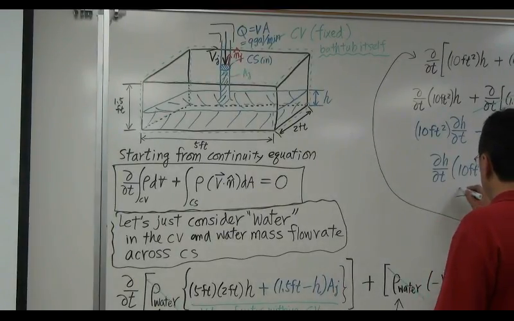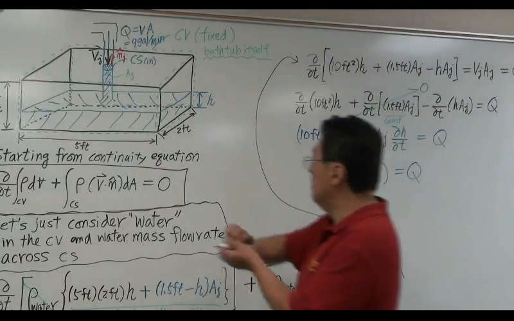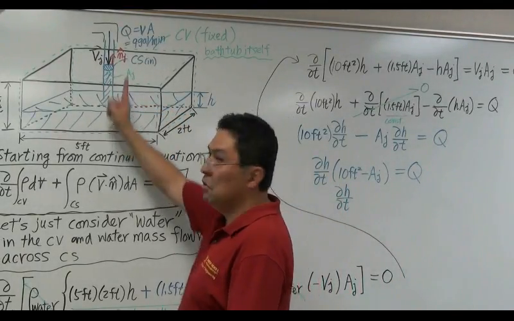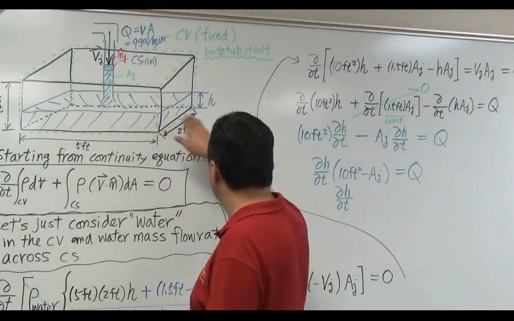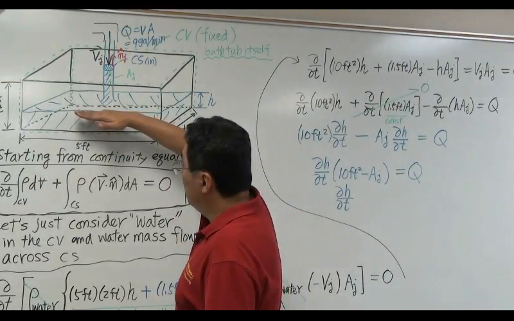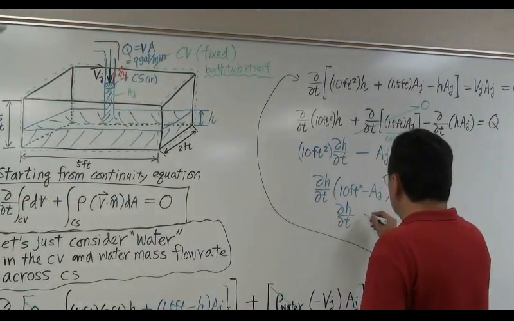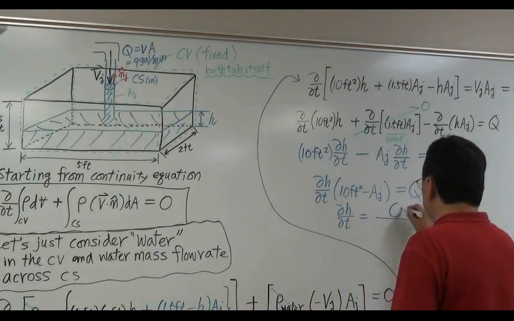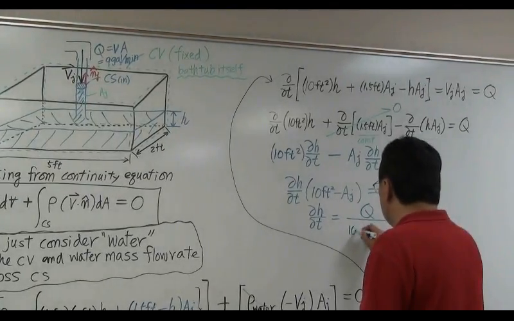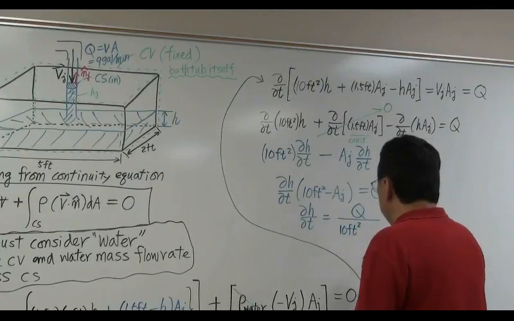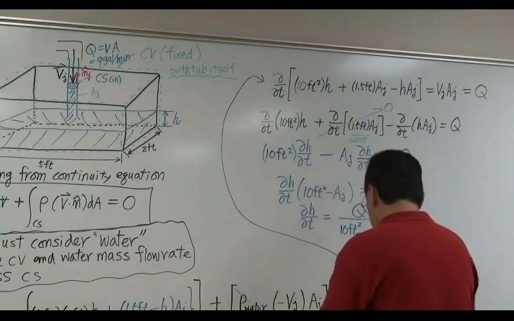Come to think about it, dH/dt is actually the velocity of this water surface moving in the upward direction. This velocity is equal to the flow rate, 9 gallons per minute, divided by (10 feet square minus A_j).